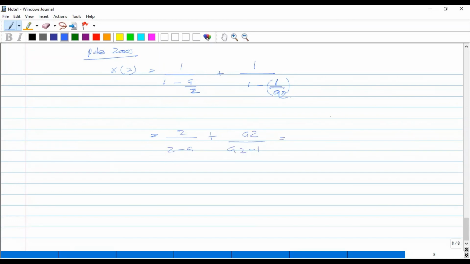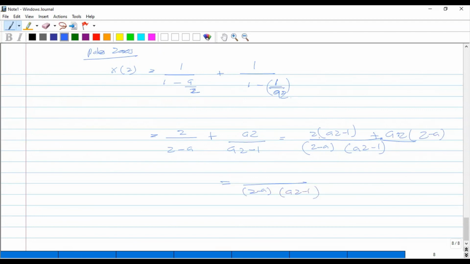Then we have to simplify this again. I get the common denominator, that is (Z minus A) times (A Z minus 1).